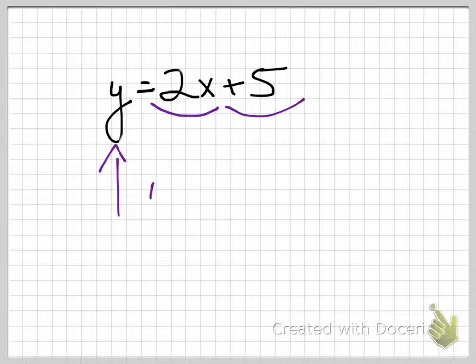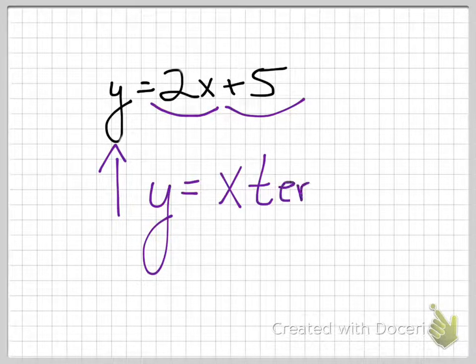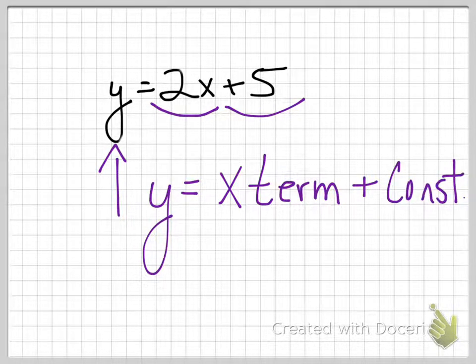So it would go y equals your x term plus your constant. I can't fit any more there. Your x term meaning the number and the letter x, and then the constant meaning the number that has no variable, with the y by itself on the other side. Now here's the fun part.